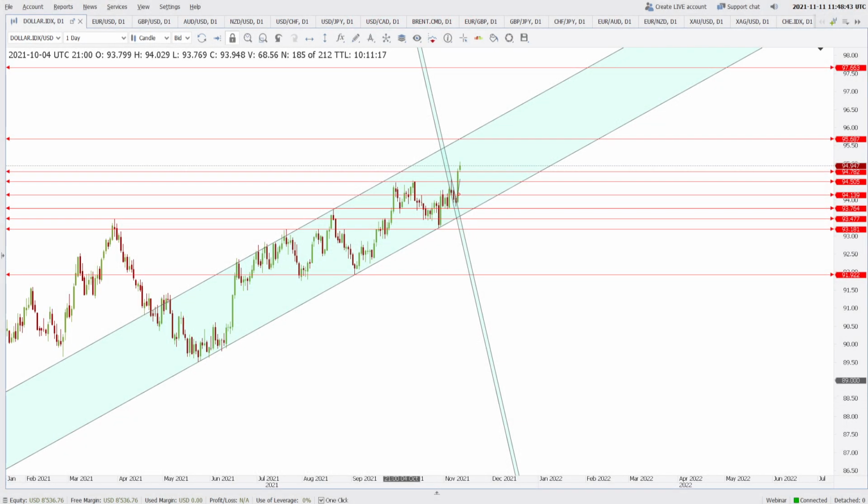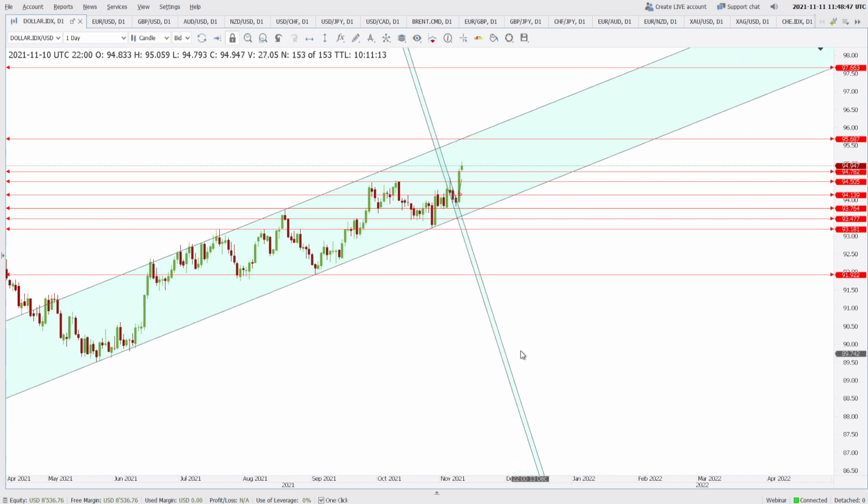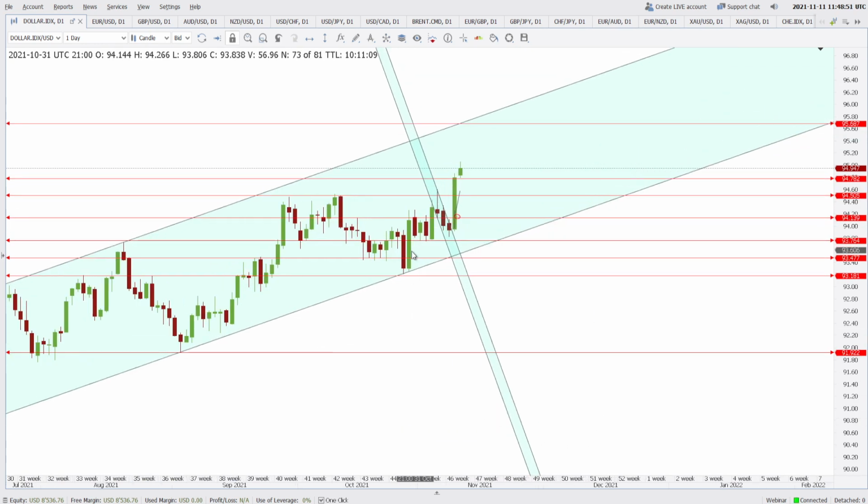The first chart that I'm going to show you is the US dollar index. This is the daily chart of the US dollar index. You can see here, right now the US dollar index is at 94.947. Now this 94.947 is above 94.78, which was marked as the resistance on our chart.